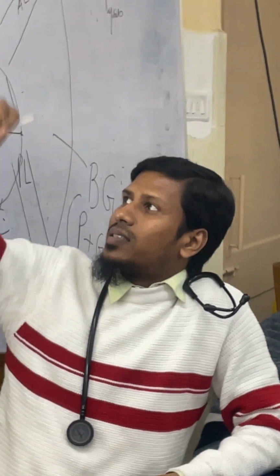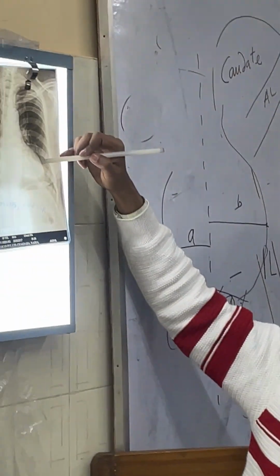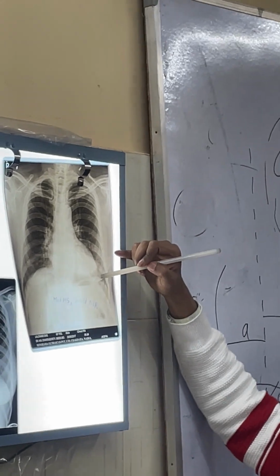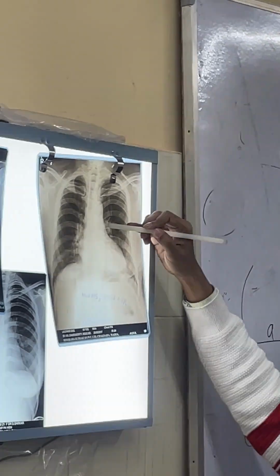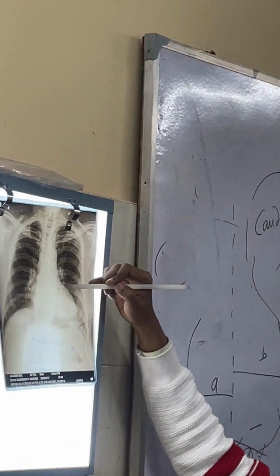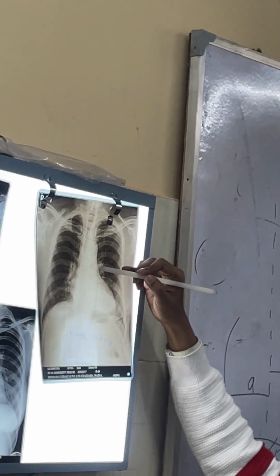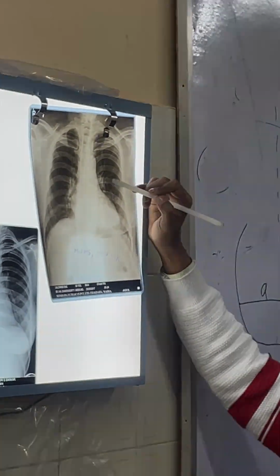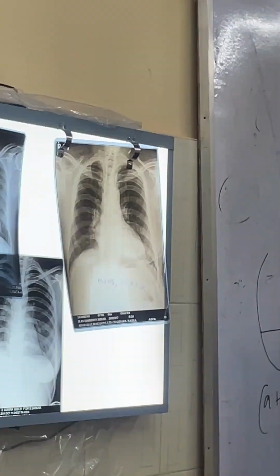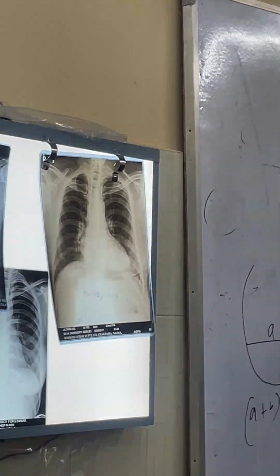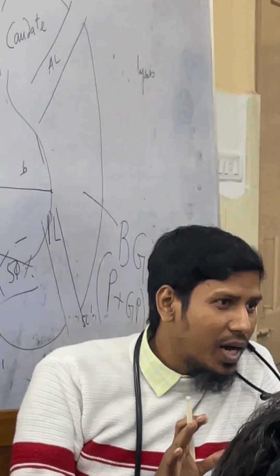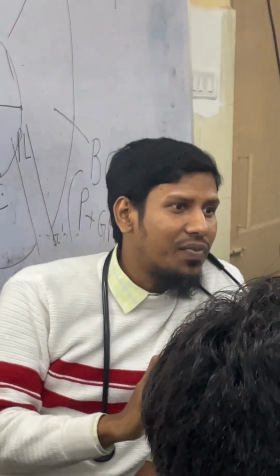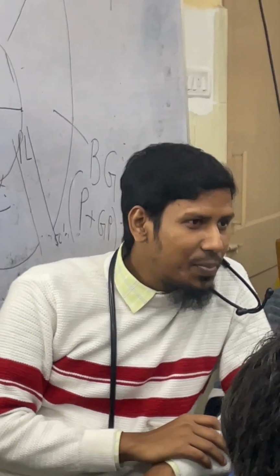Next, what is this structure? Left ventricle. What is this structure? Yes, the left atrial appendage or the terminal part. The classic disease here is mitral stenosis. We all know which chamber of the heart dilates first: the left atrium.